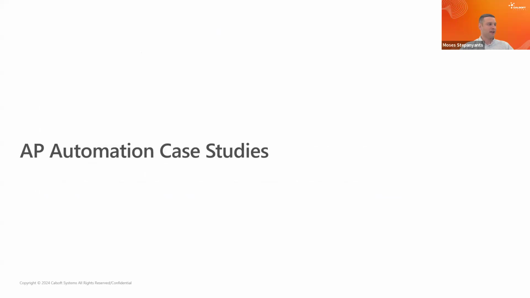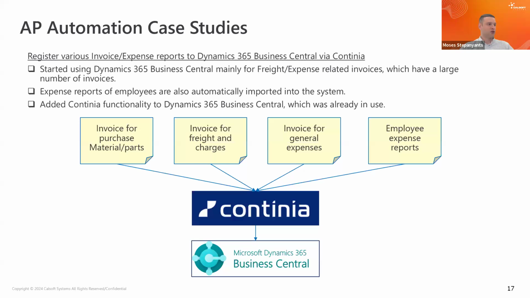Okay, so AP automation case studies. Here I'll dive into one of our case studies. Let me briefly explain how the project went that we worked on for a customer we implemented Continia for. One of our customers uses Business Central to keep track of their freight expenses and PO-related invoices.